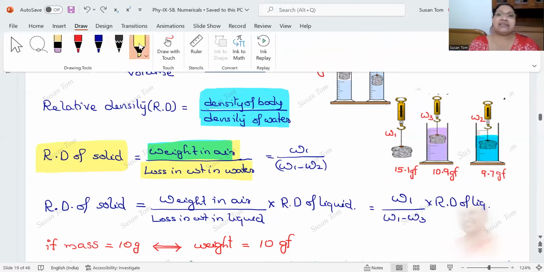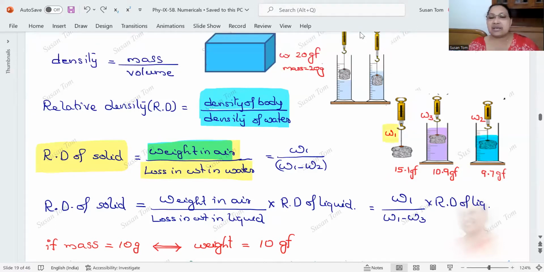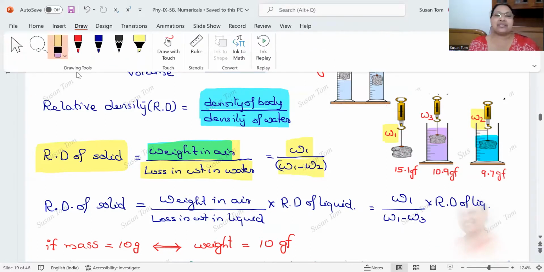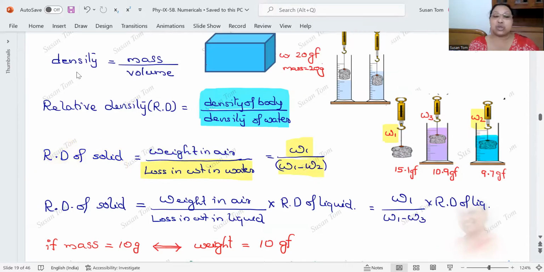So if the weight in air is taken as W1, the numerator will be W1. If the weight in water is W2, then the equation will be W1 over what is in air minus what is in water, that is the loss in weight, W1 minus W2. This is the experimental method in which we use the equation to find the relative density of a solid.